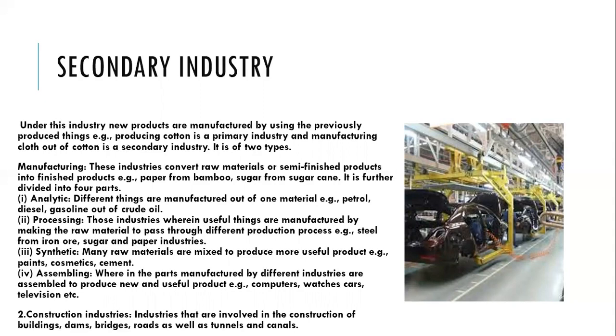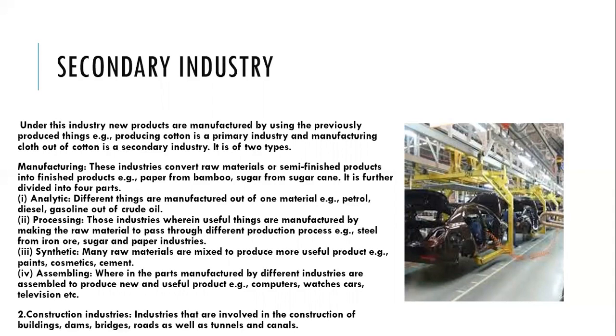So this is an example of analytic. Then comes processing, where useful things are manufactured by making the raw material pass through different production processes, like steel, iron ore, sugar, paper industries. The raw material passes through different stages till we get the final product.